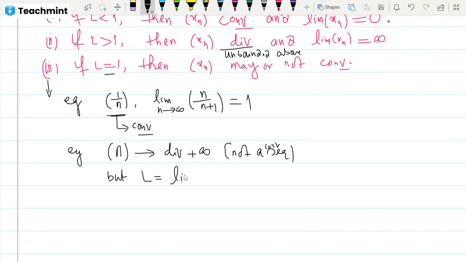This is the limit of xn plus 1 by xn, which means n plus 1 by n. This limit is also 1. Agree? If L is 1, then the sequence may converge or may diverge. We cannot decide the convergence of the sequence when L is 1. Is this result okay?